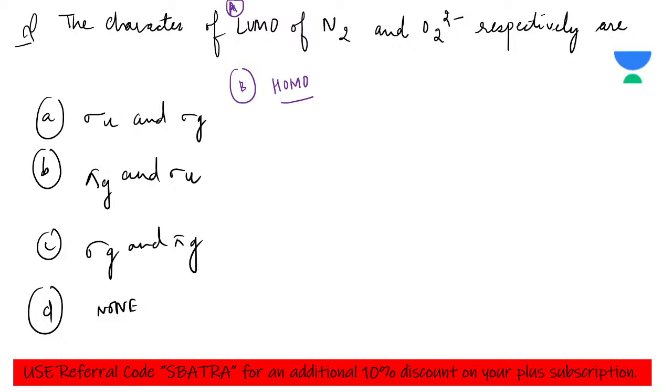The question is the character of the LUMO of N2 and O2 2 minus. This is your nitrogen and this is O2 2 minus.